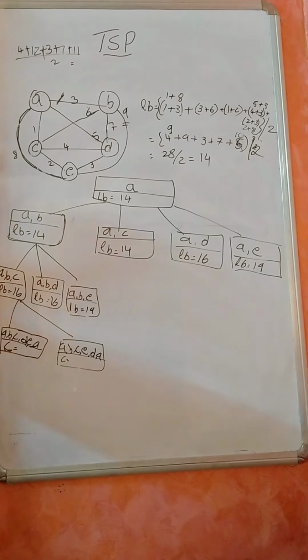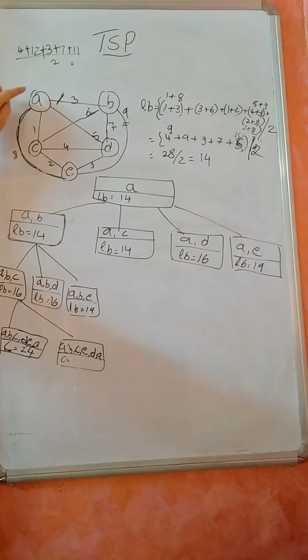Here I am travelling from A to B, 3. Then B to C, 6, that is 9. Then C to D, 9 plus 4, 13. Then D to E, 3, that is 16. And E to A, that is 8. So 16 plus 8 is 24. So cost is 24.